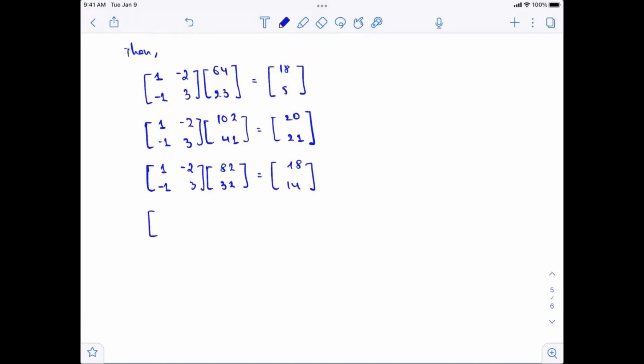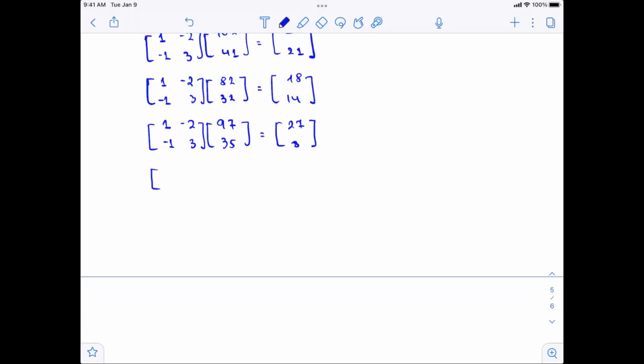The next one is 1, -2, -1, 3; you multiply with the column matrix 97, 35. This is equal to 27, 8.